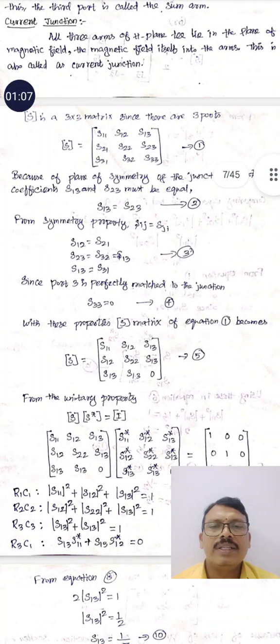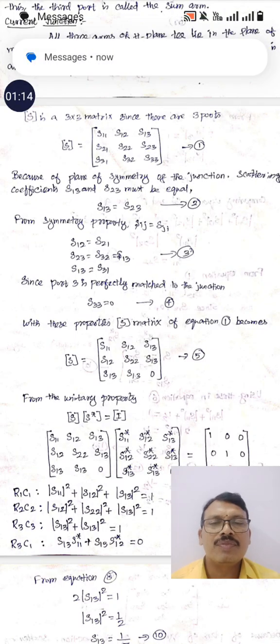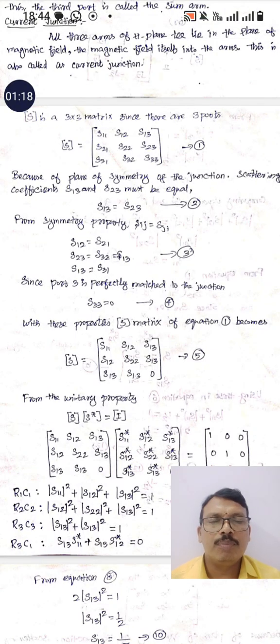First we can define the S matrix for a 3-port junction. I have already explained in the previous video that the S matrix of a 3-port junction is formed of S11, S12, S13, S21, S22, S23, then S31, S32, S33.